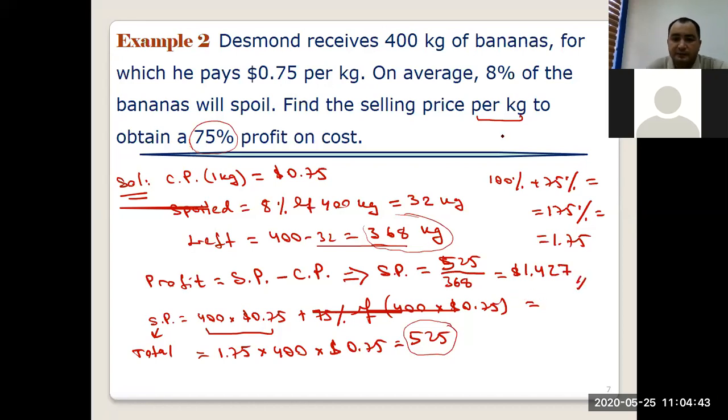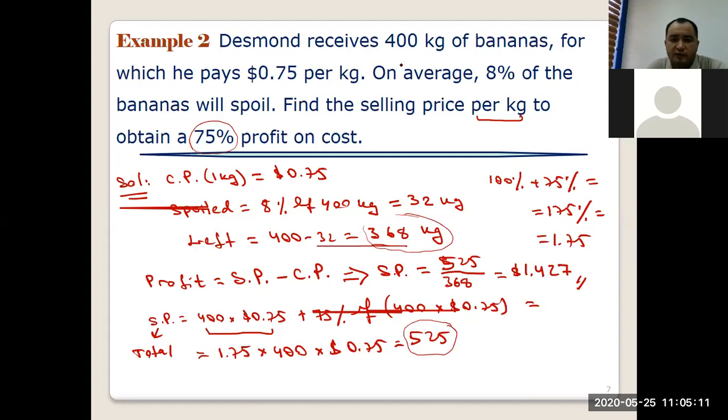So you must sell each kilo of banana at this price. And how many kilos of banana do we have left? 368 kilos, right? If we sell these bananas at this price, then we will get $525. So how much profit did we make? 225, and 225 is 75% of $300.